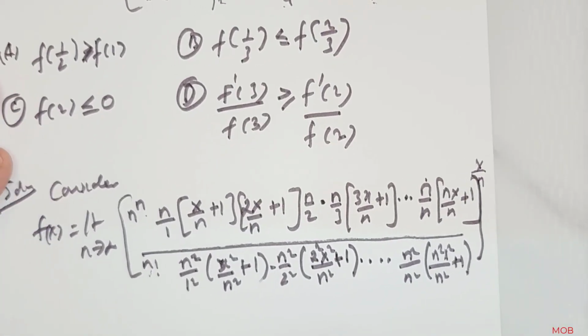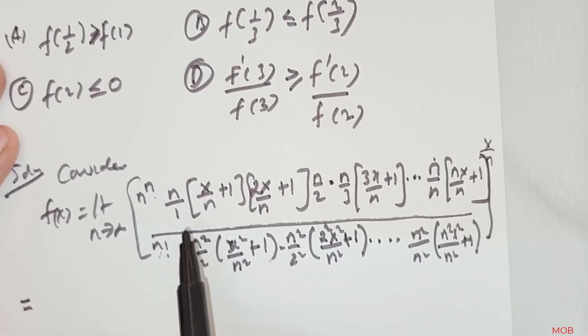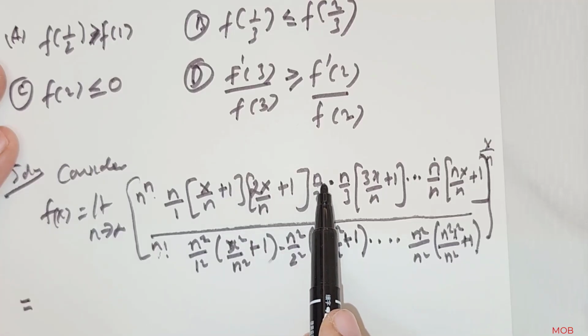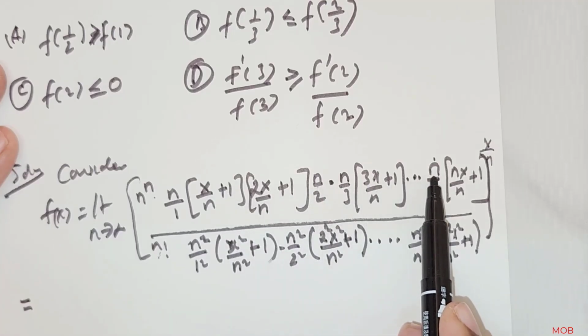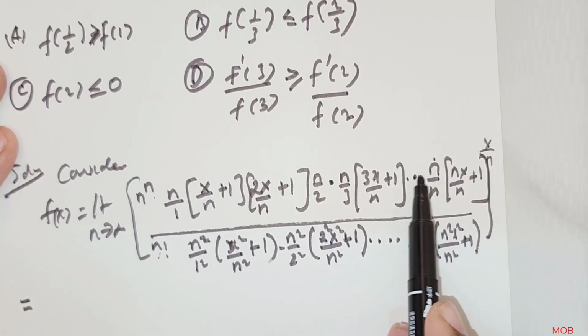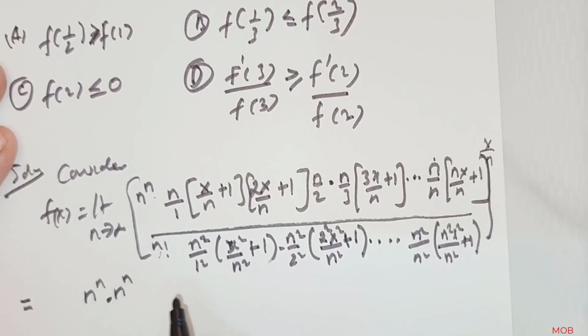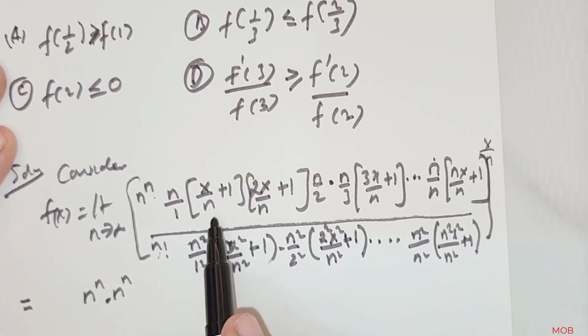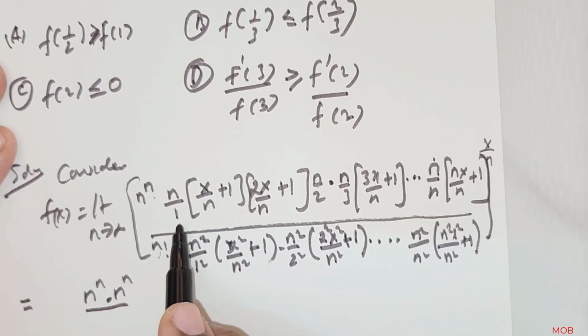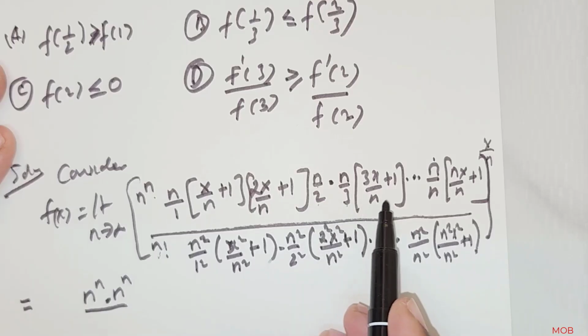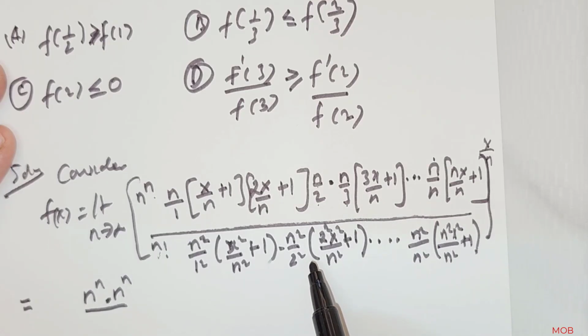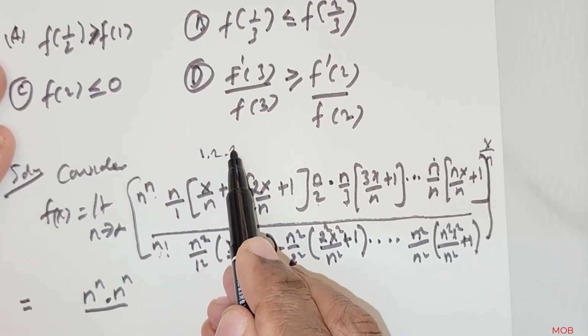Fair enough, right? So now you see here this is actually n times n times n all the way up to n. So over here we have n raised to the power of n. This is n multiplied n times, so it gives us n raised to the power of n. Now for the denominator, you have 1, then 2, then 3, and all the way to n, so that's 1 into 2 into 3 and so on up to n.